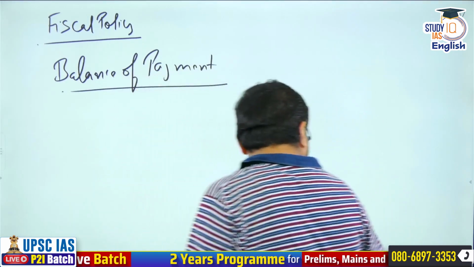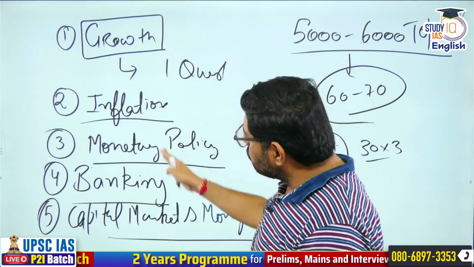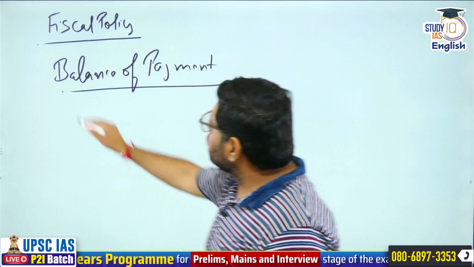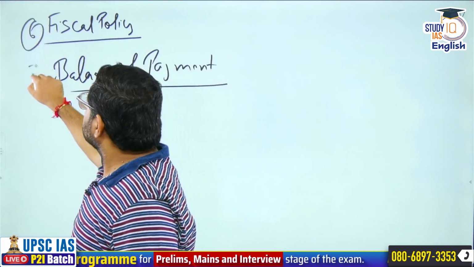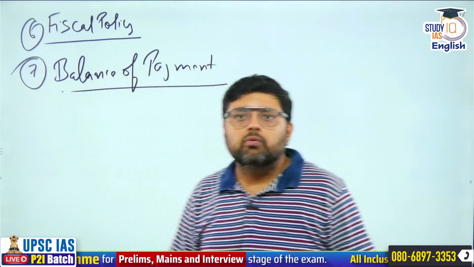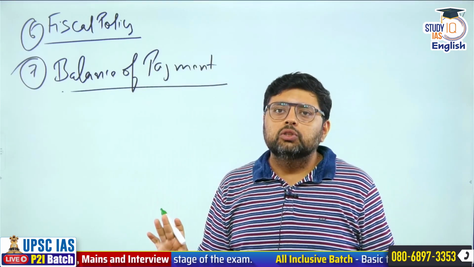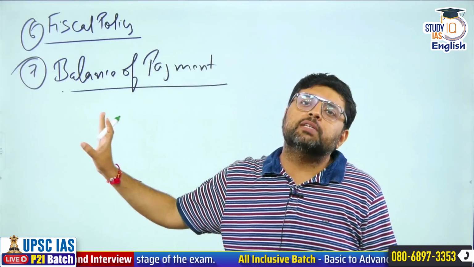If you see whatever topics I have written, there are total 7 topics, 1, 2, 3, 4, 5, 6, 7. From these 7 topics, around 50% of the questions coming in UPSC will come.